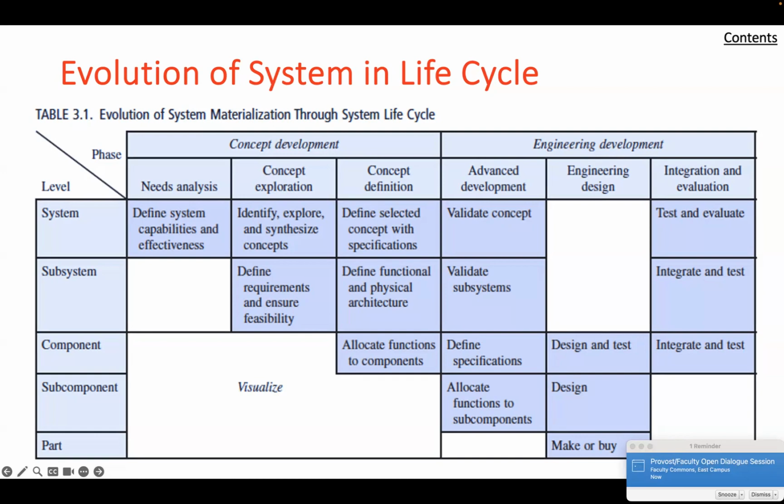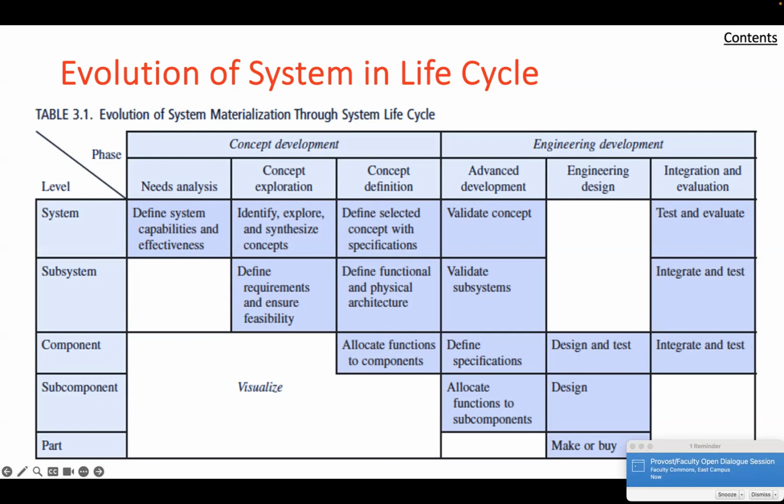It is important to note from the table that while the detailed design of the system is not completed until near the end of the development, its general characteristics must be visualized early in the process.